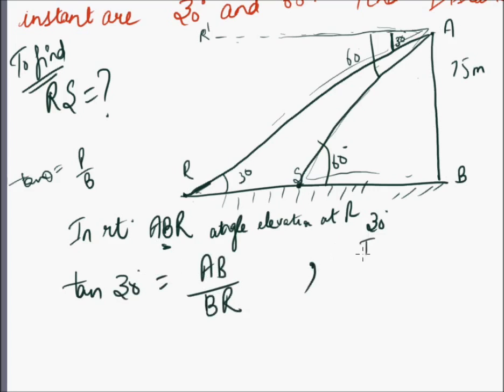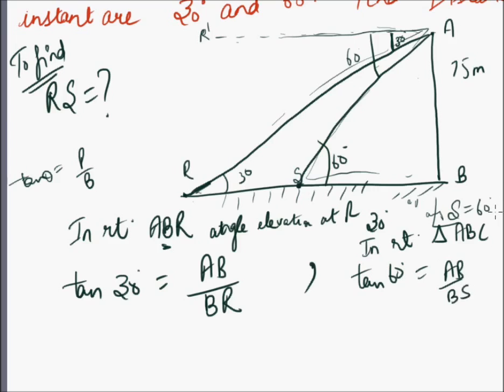Similarly, in right triangle ABS we have tangent of 60 degree. The angle of elevation is at S as 60 degree. So tangent 60 degree is AB over BS.